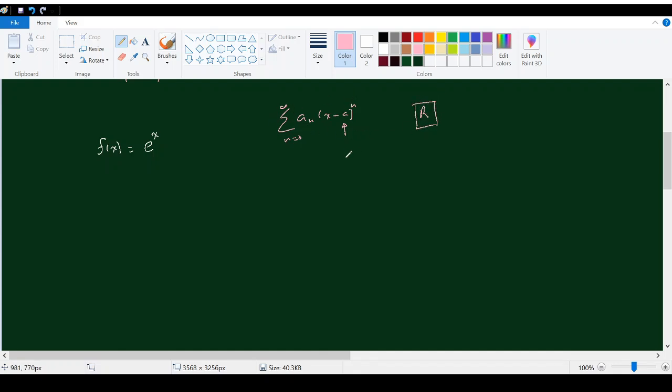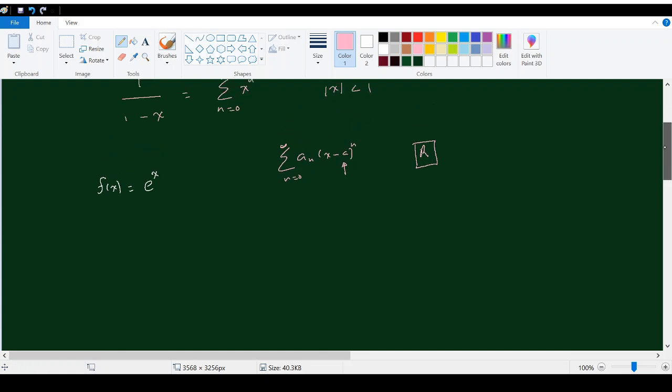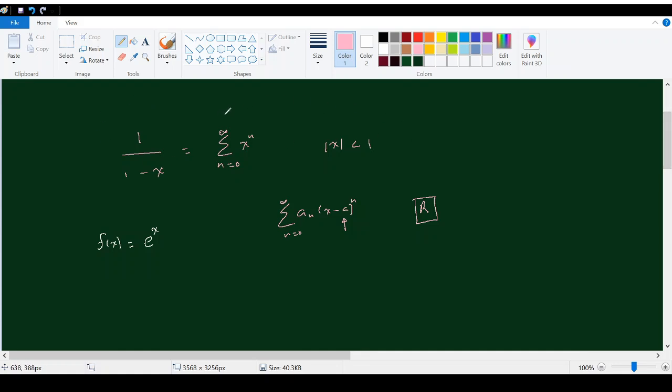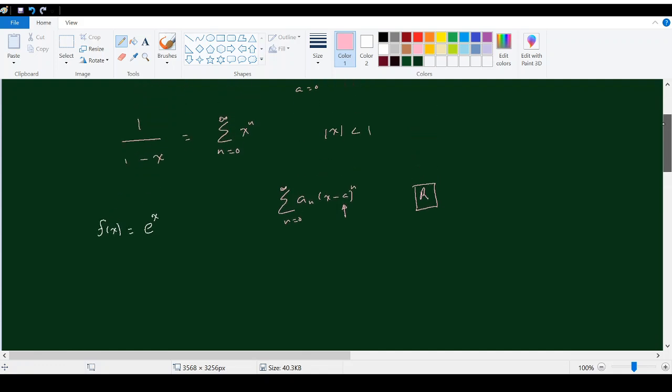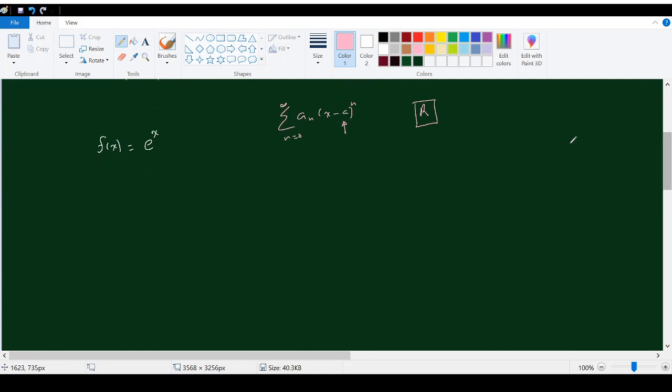So when you say power series, you must mention the center of it. Now all these power series that we discussed before are centered at 0, right? And from here onwards we are even going to relax that center and allow it to be any value.